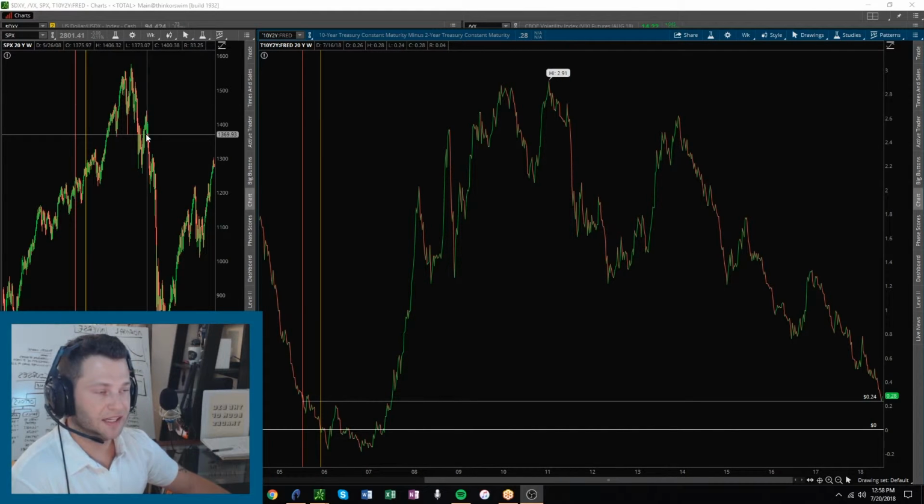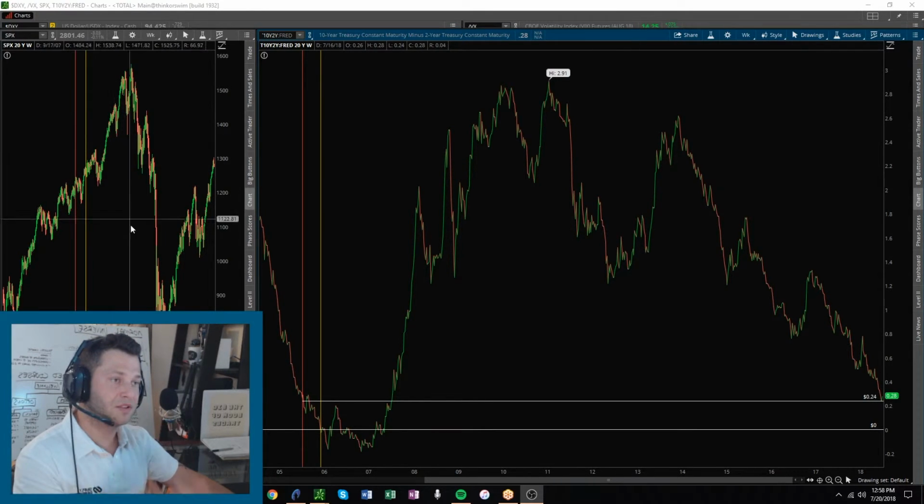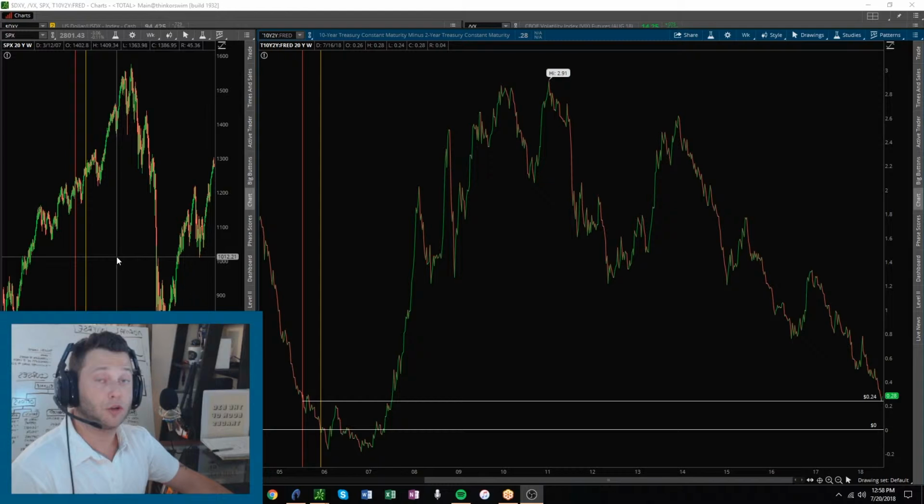So with that being said, if we're expecting the yield curve to invert close to the end of the year in December, it's kind of exactly what happened back in 2005, 2006. It was about 14 to 18 months before you had Lehman Brothers collapse and Bear Stearns collapse, before the great financial crisis.